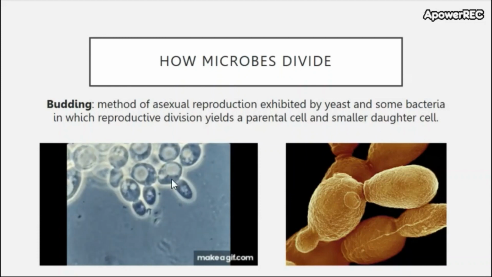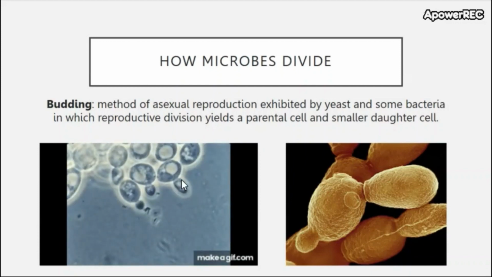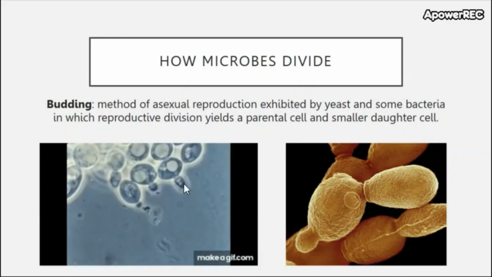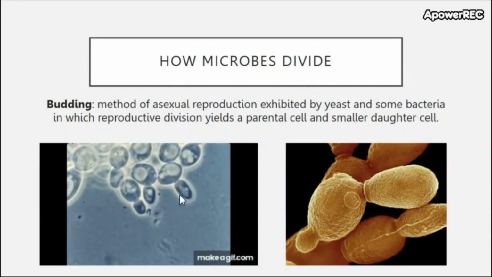So here we can see the parental cell right here, and then this cell is budding off from the parental cell, and this is not binary fission. It doesn't create two equal cells entirely. It creates a larger adult mother cell or parental cell and a much smaller daughter cell.